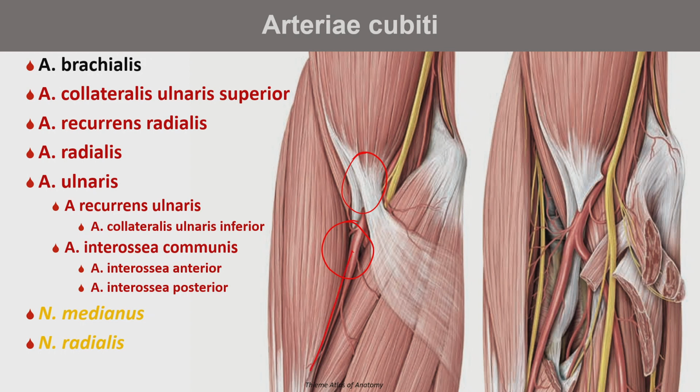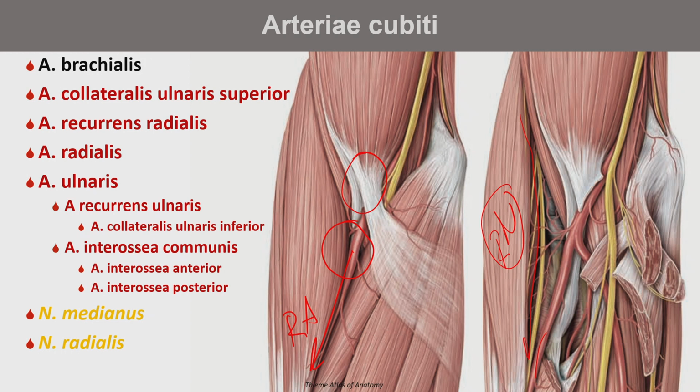The radial artery then goes obliquely to the lateral part, and on the lateral part of the forearm the radial nerve goes and is then joined with the radial artery.